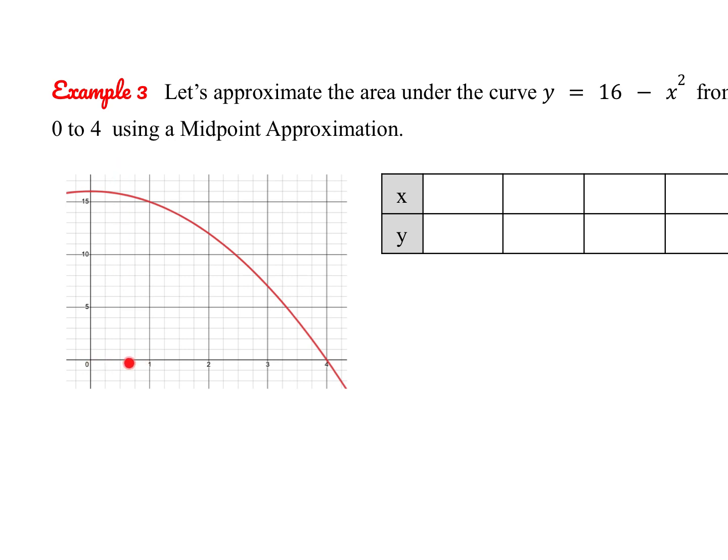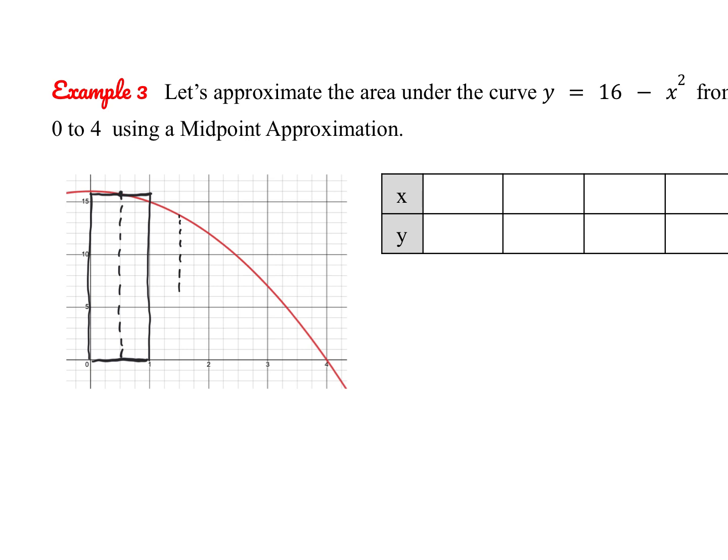If I still want to split it up into 4 equal rectangles, that means that the height of my first rectangle will be dictated by f of 1/2. So whatever it is halfway through, so it'll be right there. There's my first rectangle. Again, we're doing the midpoint between 0 and 1. And then we'll do the midpoint between 1 and 2, which is 3/2.